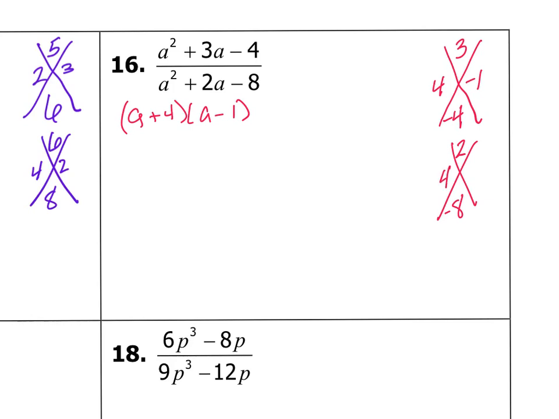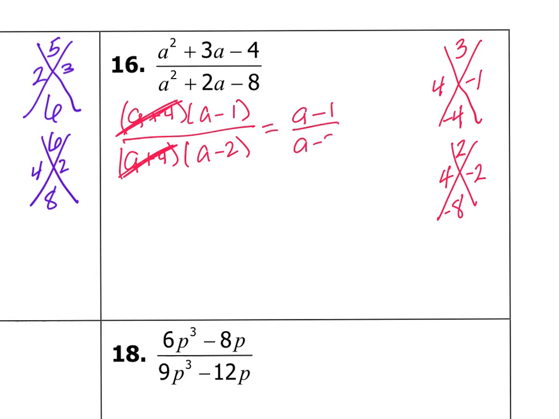So again, I think that's going to be 4 and -2. So I've got a plus 4 times a minus 2. Again, same thing on top and same thing on bottom, a plus 4. So what do I have left? A minus 1 over a minus 2. Done.